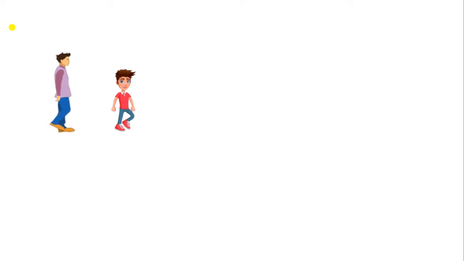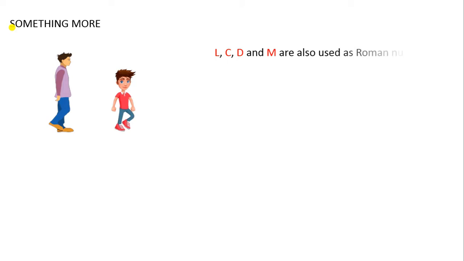It is very complicated to use those rules for numbers more than 50. Therefore, there are more symbols for bigger numbers. Oh, and what are those symbols? Let us see. L, C, D and M are the symbols for those bigger numbers.